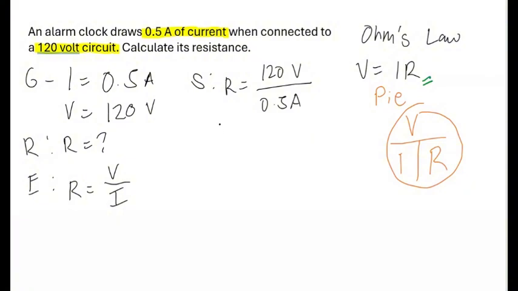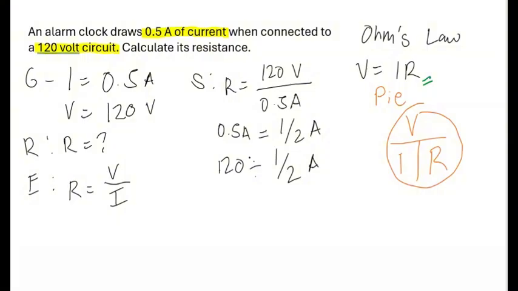Step by step, let's make 0.5 ampere into a fraction. The equivalent of 0.5 is 1/2 ampere. So we have 120 divided by 1/2 ampere.